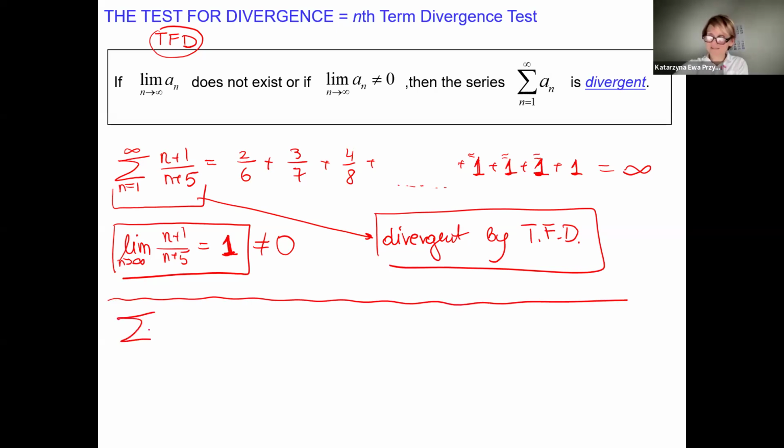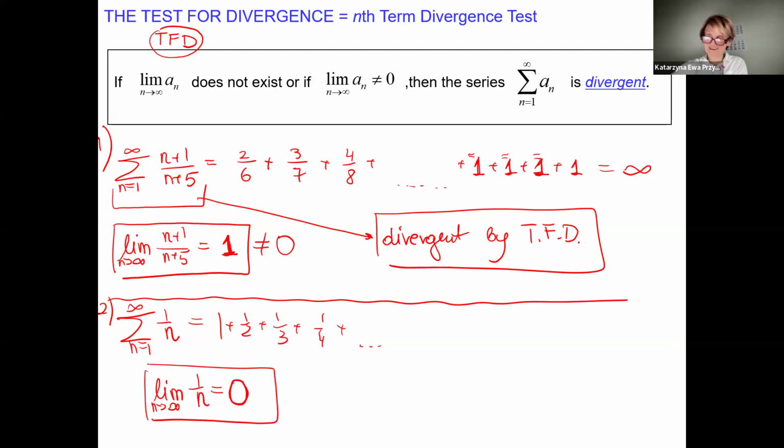what about this one? Let's say 1 over n. 1, 1/2, 1/3, 1/4. How do the terms behave? At infinity, it's 0.